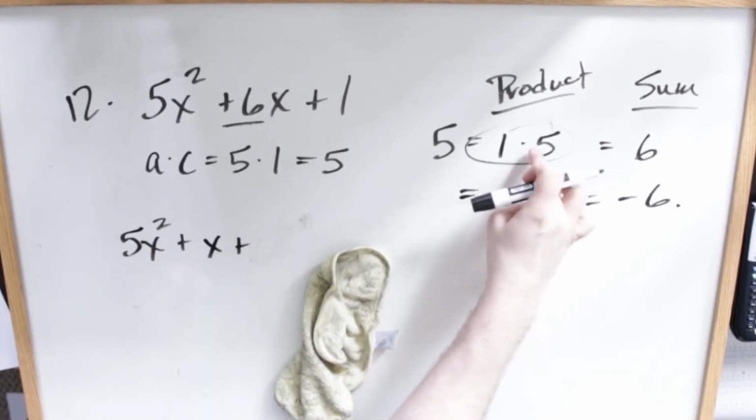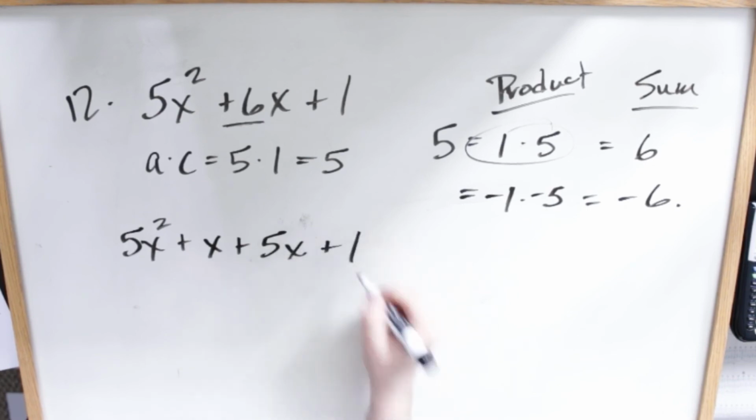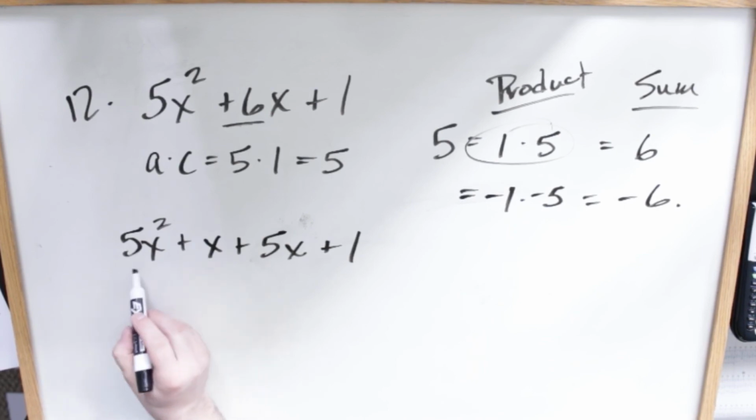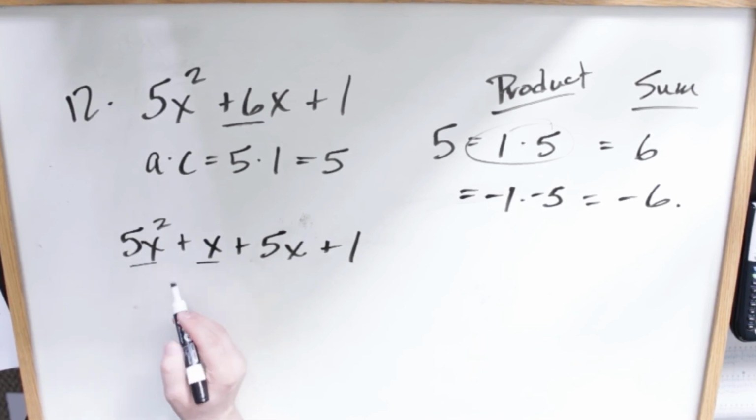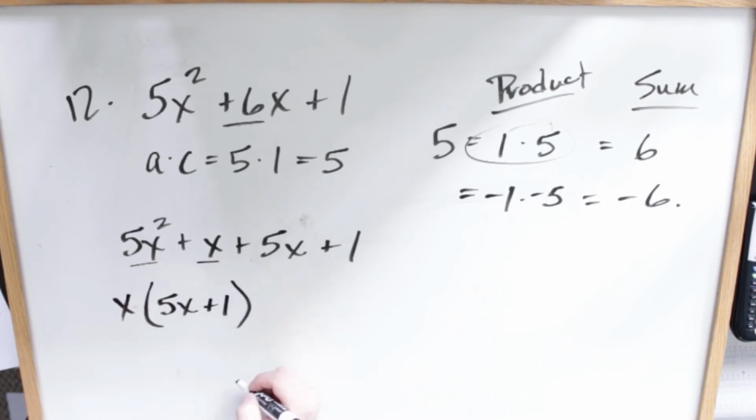We're pulling that factor right there, so that should be a 5x plus 1. Actually, I think in this case it's going to work out nicely. Either way, maybe it won't make a difference. So look at this. Between these two, there's an x inside, so we can do the x multiplied by what's remaining. A 5x right here and a positive 1 right there.